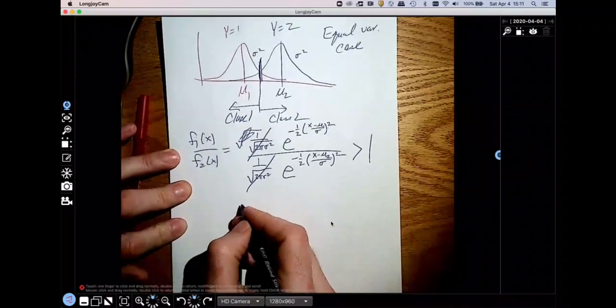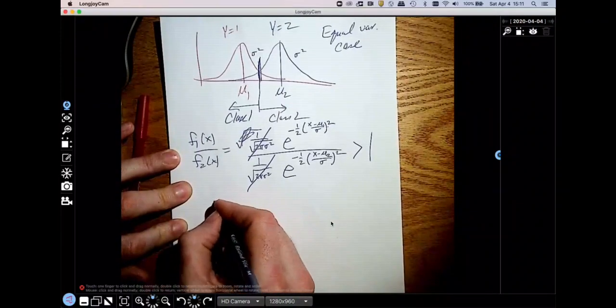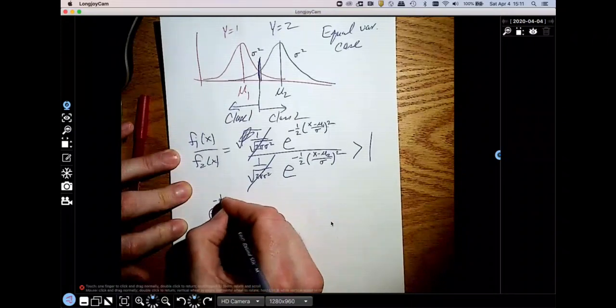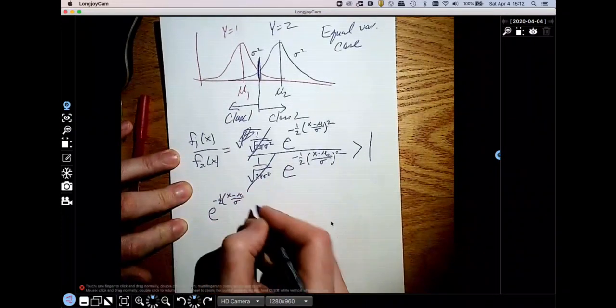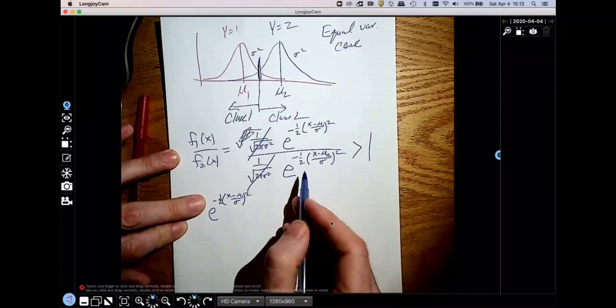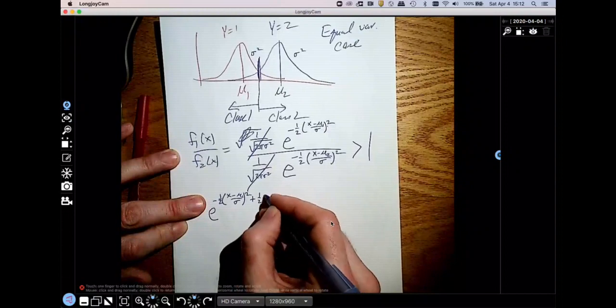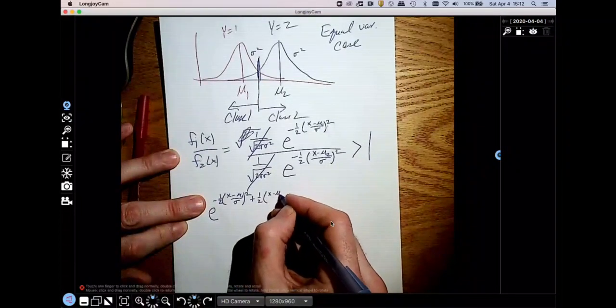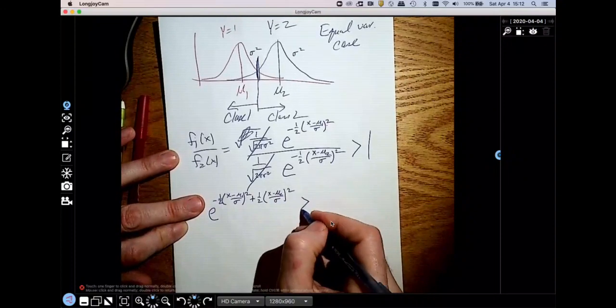And what we're left with here is e to the negative 1/2 of x minus mu1 over sigma, squared. Because this is in the denominator, it's going to be plus 1/2 of x minus mu2 over sigma, squared, and all that has to be greater than 1.